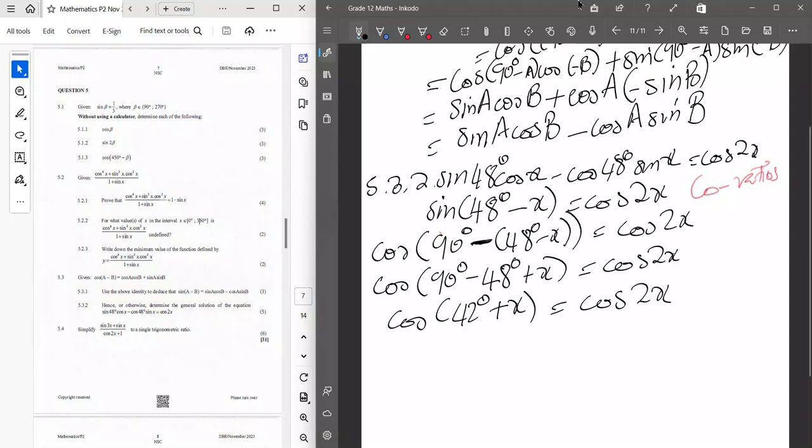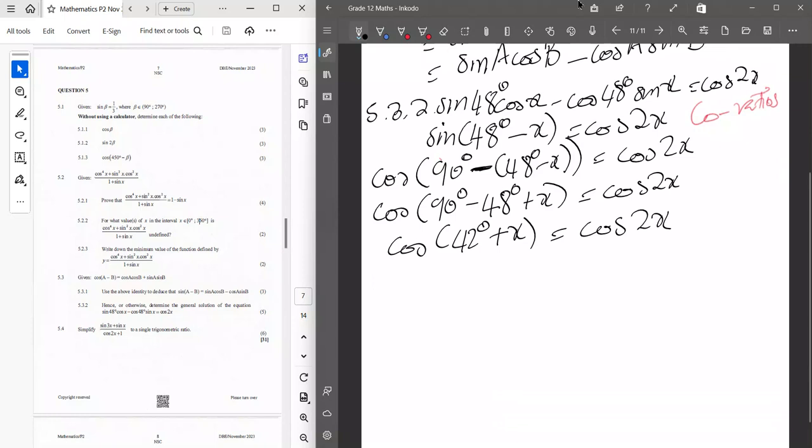Now here, we're looking at cosines. They are both positive, right? They have the same sign. None is negative. All of them are positive. So we should then be saying, where is cosine positive? In the first quadrant. For those that are struggling with this, in the first quadrant, what do we say?